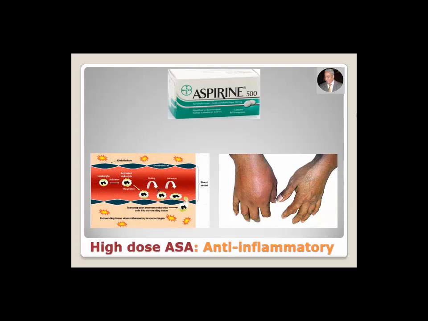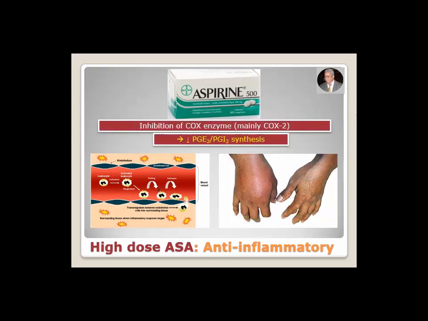All these features are secondary to vasodilatation. Aspirin, by inhibiting both prostaglandin E2 and prostacyclin synthesis, interferes with this vasodilatation. However, aspirin has nothing to do with the etiology of inflammation.